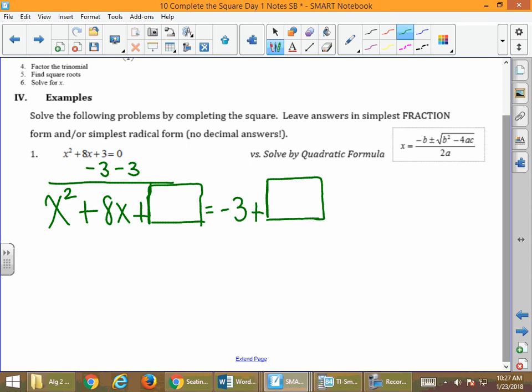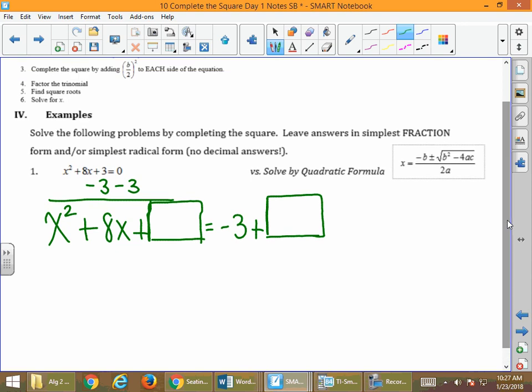Because we're adding something to one side, we have to add it to the other side. We need to keep the equation in balance. But what goes in that blank space, what goes in that box, is step 3, which says complete the square by adding b divided by 2 squared to each side. In this case, b is 8.